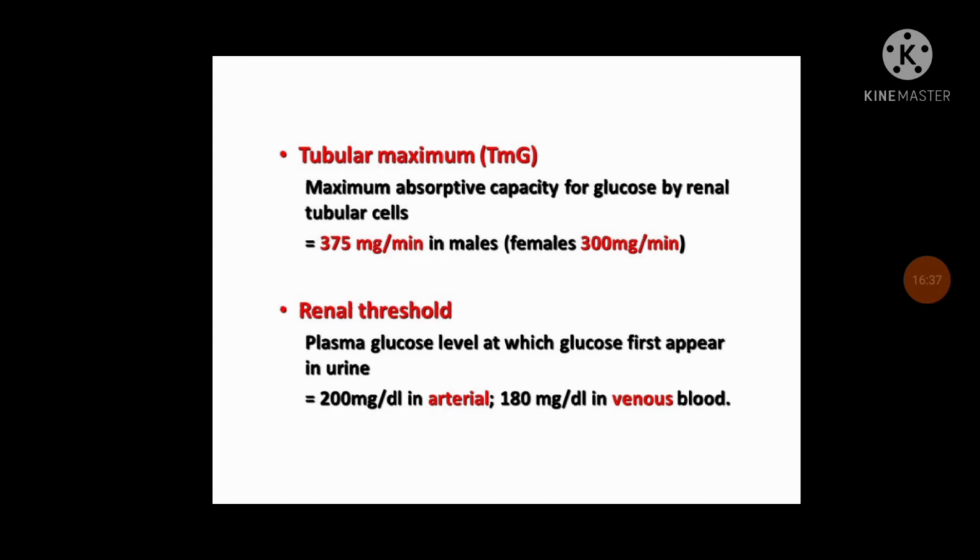So when the plasma glucose level increases to more than 200 milligrams in the arterial blood, it reaches the tubular maximum and the glucose starts appearing in the urine. Similarly, with 180 milligrams per deciliter in the venous blood, the glucose starts appearing in the urine because it exceeds the tubular maximum for glucose.